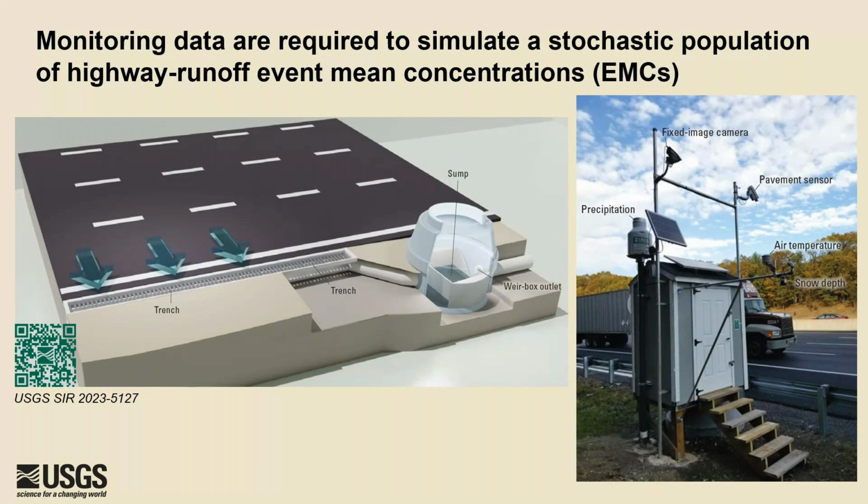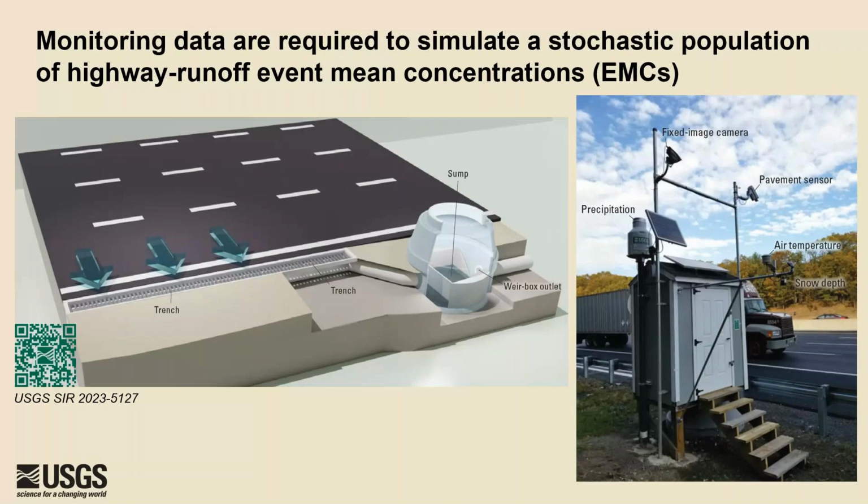Here we have an example from a recently published USGS report out of Massachusetts. In case anyone is interested in it, we have a QR code and the report number here. In this study, they compared monitoring data for two adjacent sections of pavement, one being an open grade friction course pavement and one being hot mix asphalt pavement.